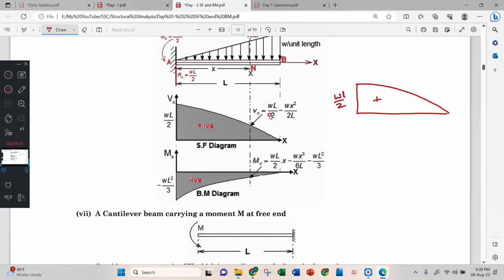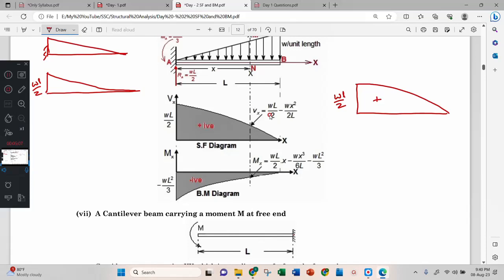Look at here. Both differences you can feel. The other diagram was like this. For this parabola was like this. But value is same, WL by 2, this is also WL by 2, but this is concave parabola, this convex parabola, this is concave parabola. Okay.